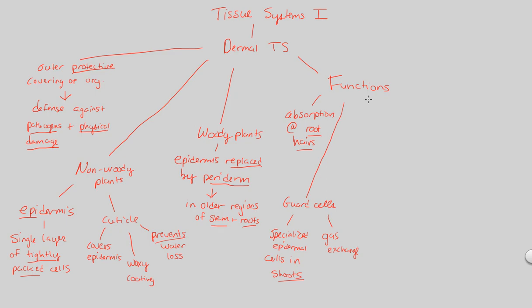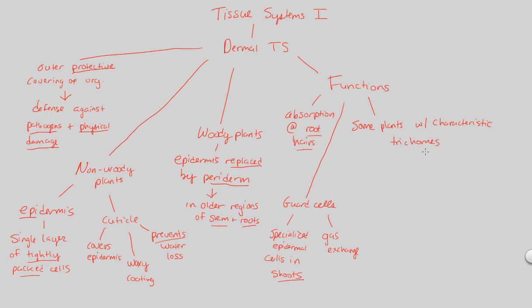And then finally, last thing in terms of function is even more specialization. So guard cells are a specialized form of dermal tissue. Another specialized form of this dermal tissue found in some plants is the following. Some plants will have a very defining characteristic known as trichomes.